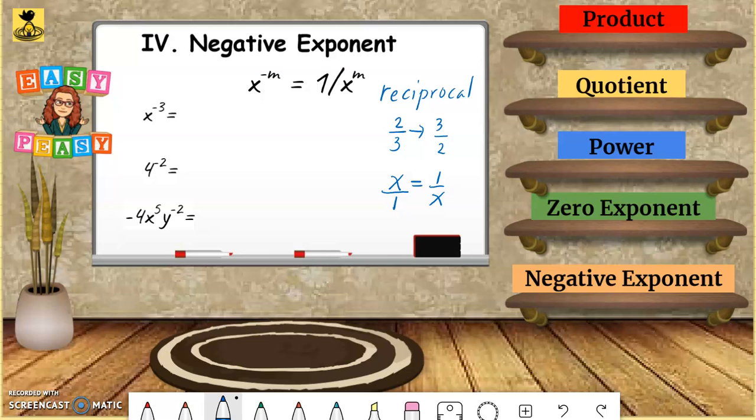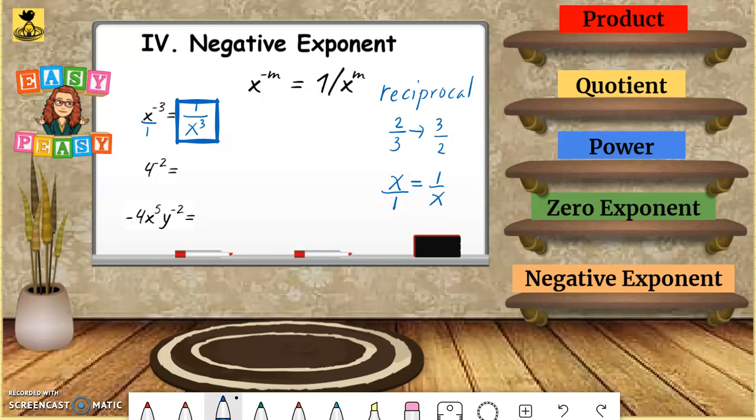So here, let's answer now. x to the power of negative 3, imagine there's 1 here, so it will be 1 over x to the power of 3. Take note, there's no more negative exponent. So it means that it is in its simplest form. So that is the answer. Another one.